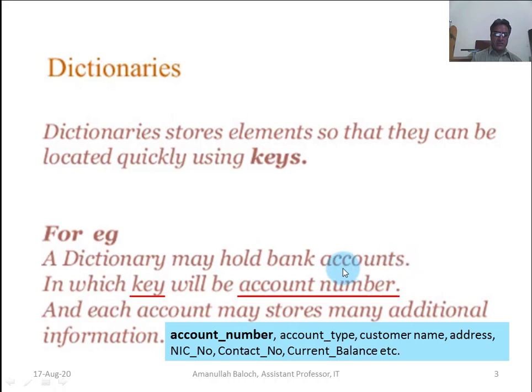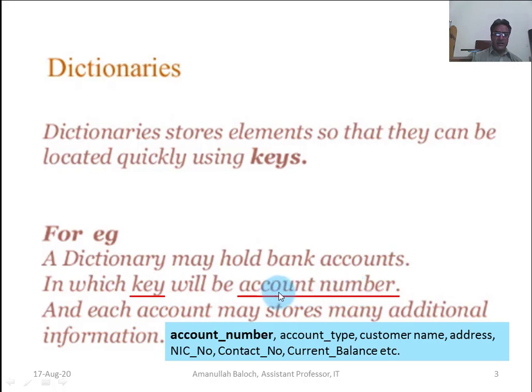That is, we have a bank database and there are different tables in the database, and one of the tables contains the bank accounts data, in which the key will be the account number.